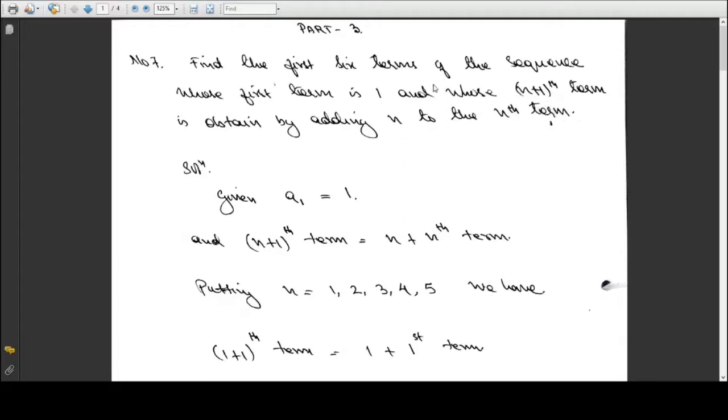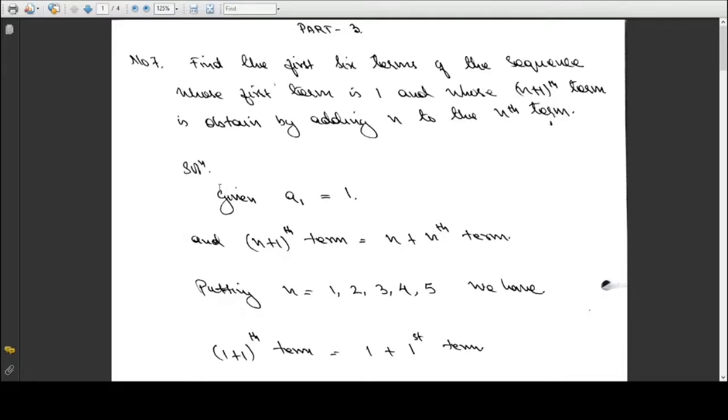What is given in this question is that you have to find the first 6 terms of the sequence, the first term is 1, and the next term, n plus 1, is obtained by adding n to the nth term.